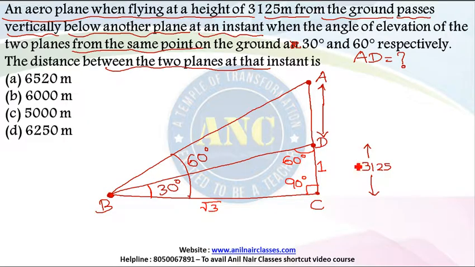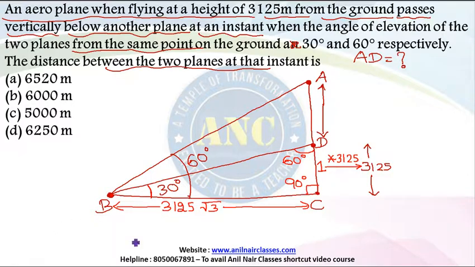But according to the question, opposite to 30 is not 1, it is 3125. So 1 into which number is 3125? 1 into 3125 is 3125, so root 3 also should be multiplied by 3125. That means the value of BC at present is 3125 root 3. I believe this is very clear for you people.